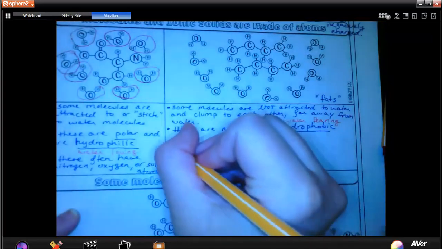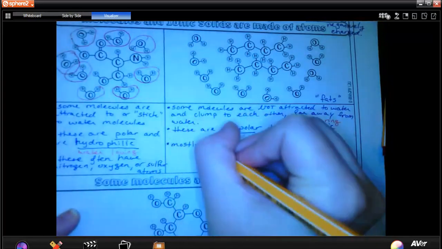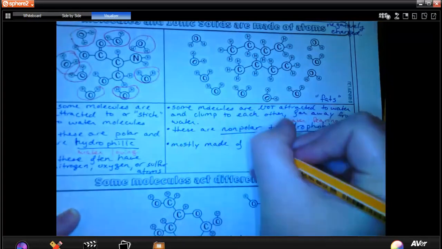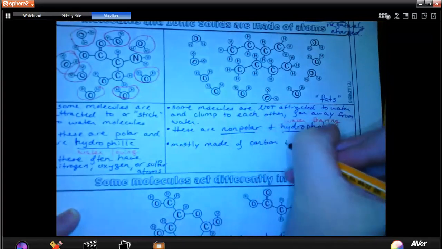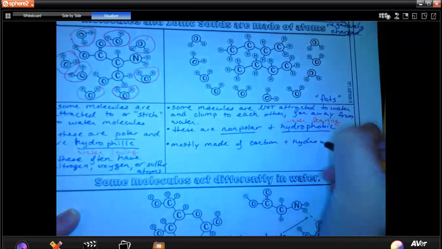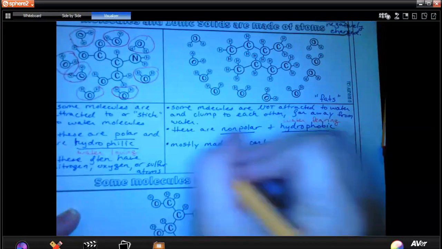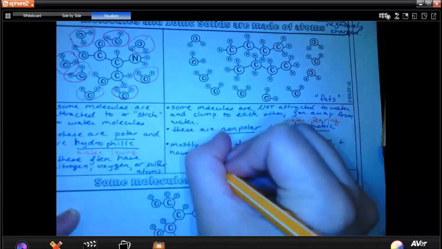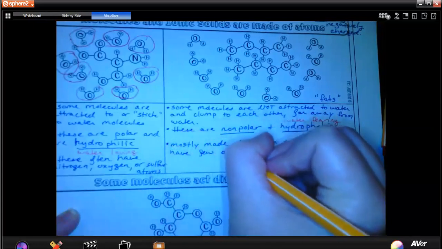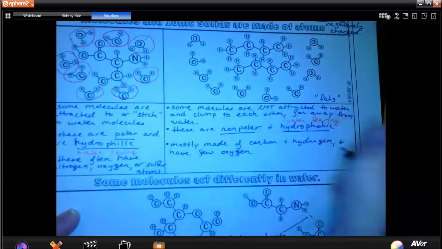Couple more items. They are mostly made of carbon and hydrogen, and have few oxygens or nitrogens.